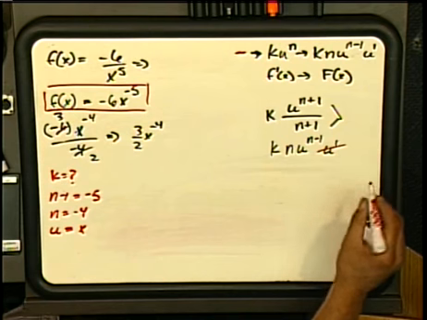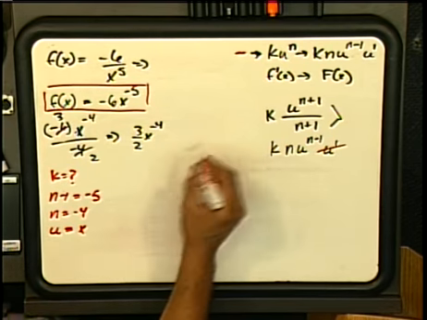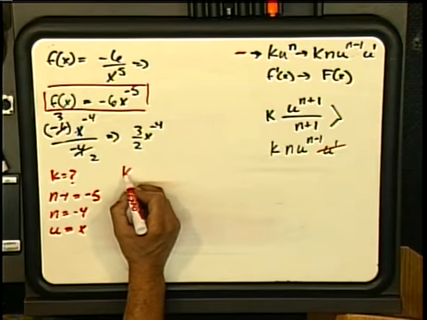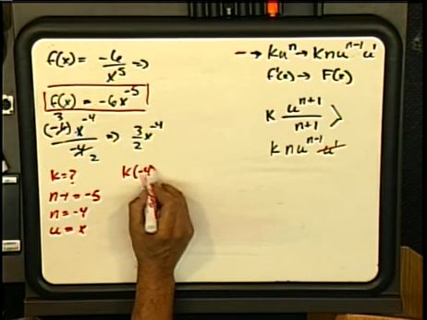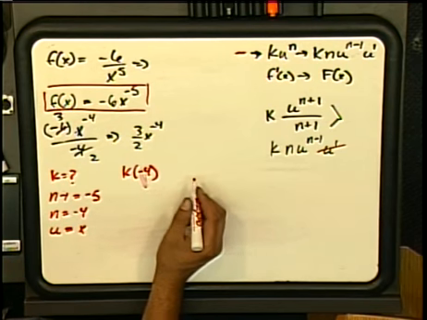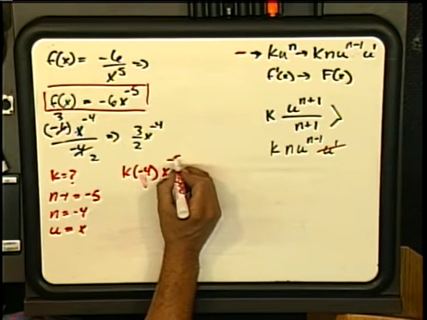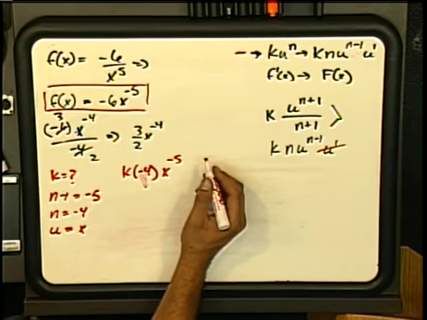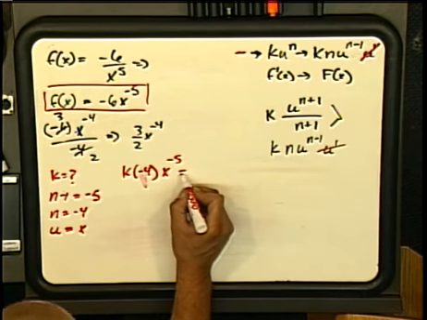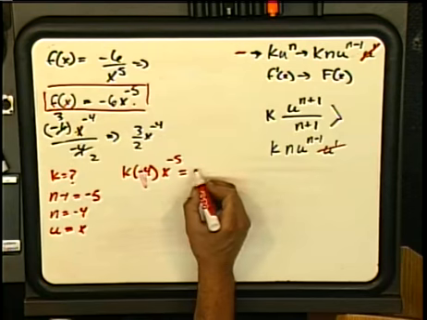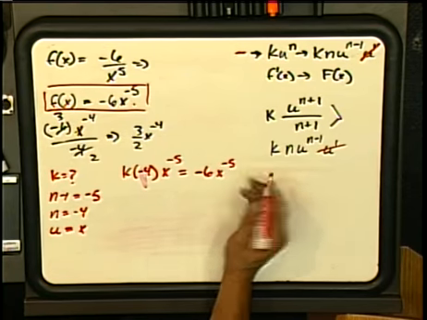This doesn't apply to this one. No chain rule. So plug it in: k times n, which is negative 4, times u, x to the negative 5, no u prime. All that equals our original function, which is negative 6x to the negative 5.